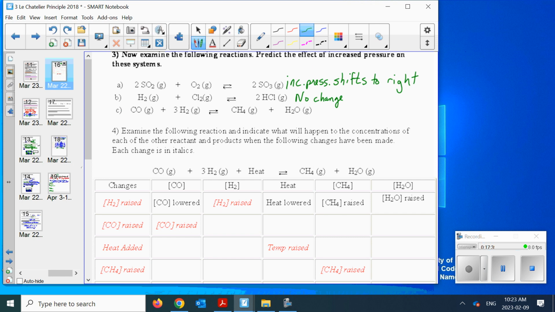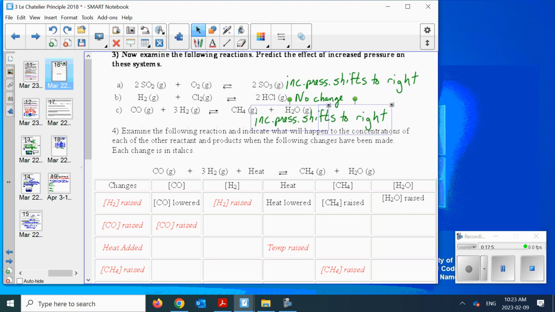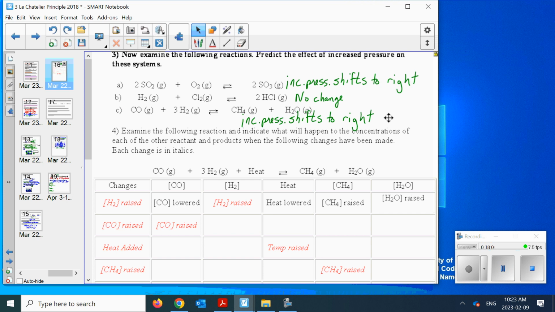So increased pressure will shift to the right. So it's basically the same answer. I'm going to just copy. So do we have a better idea of how pressure might affect systems?